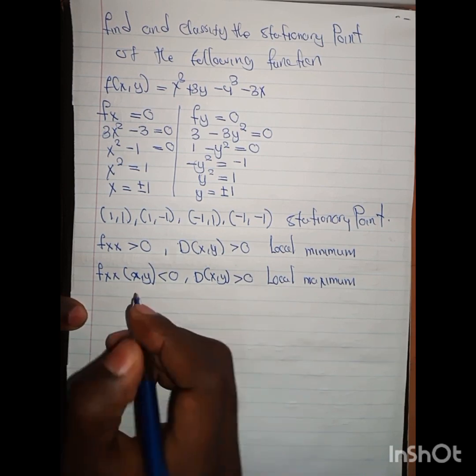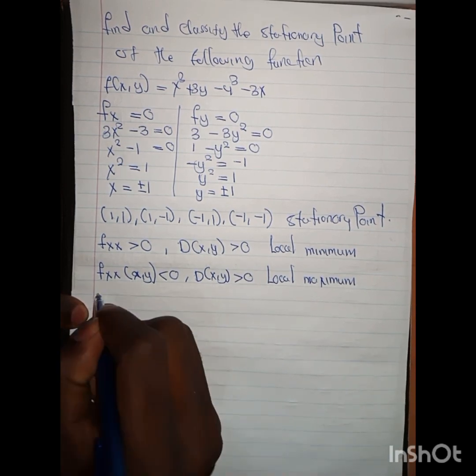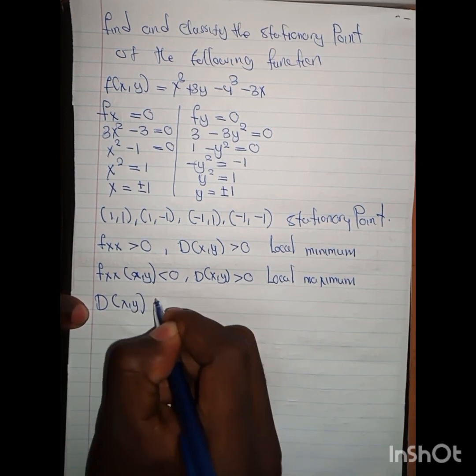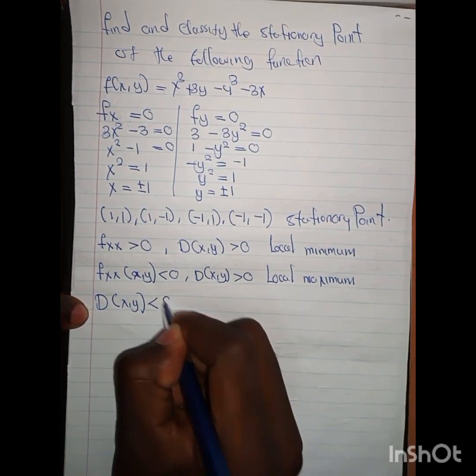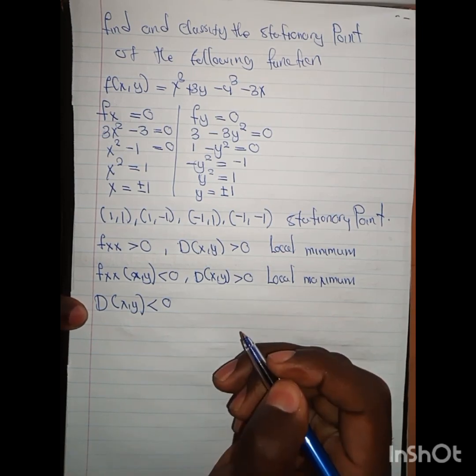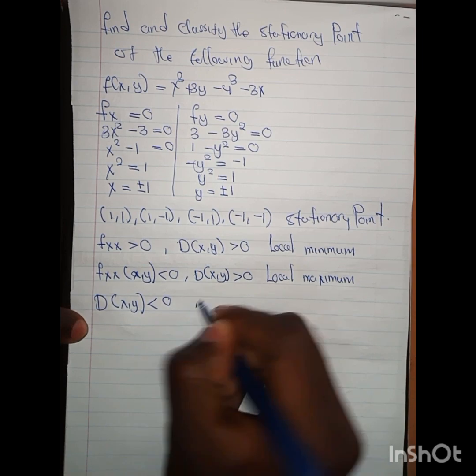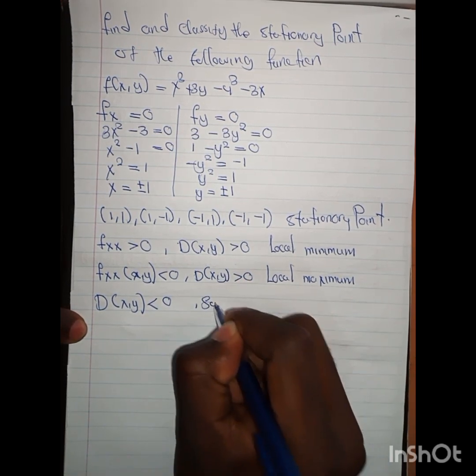And lastly, if we find that D at x and y is negative, or less than 0, this point is neither a minimum nor a maximum, and we call it a saddle point.